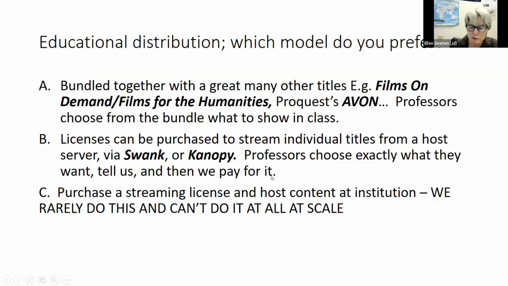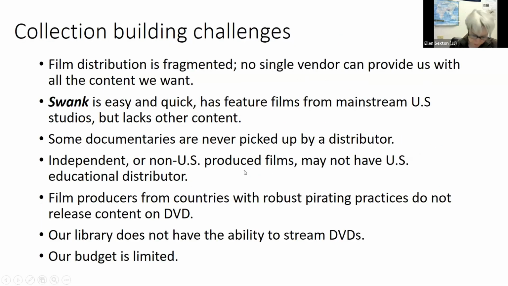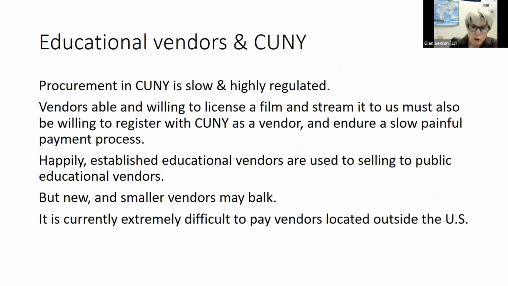Oh, and last of all, we do have budget issues, but the budget issues are in some ways the easiest to overcome. It's just a matter of finding the money. Finding the content that we can stream really is more of a challenge. And then there are the CUNY end of things. Procurement is complicated at CUNY. It is also very slow. Vendors have to be willing to wait a long time to get paid.